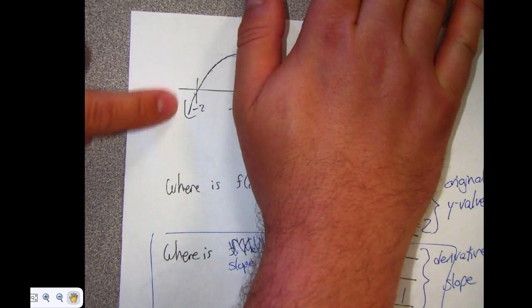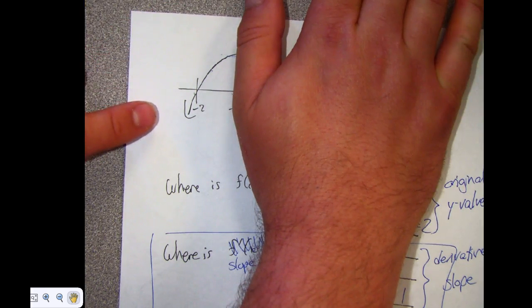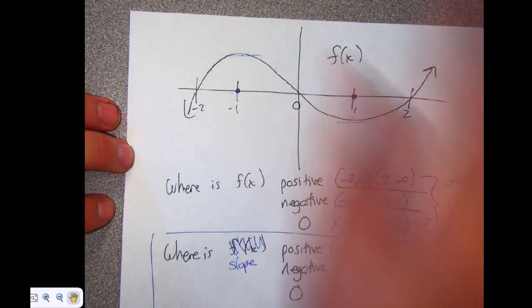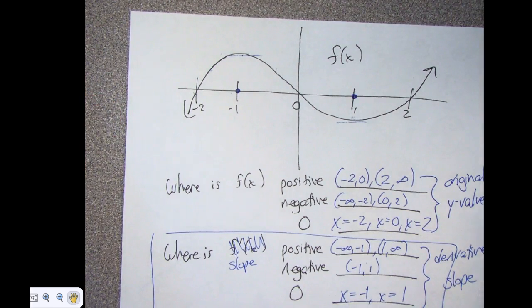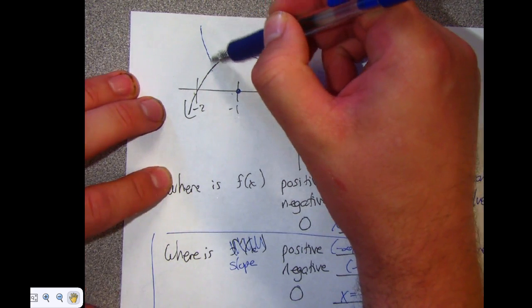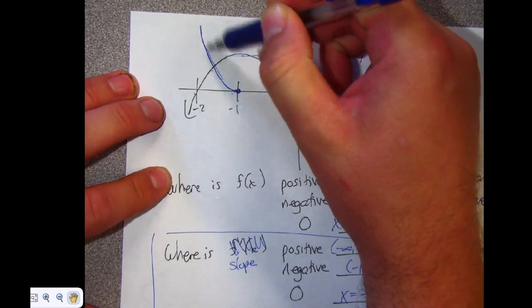But as we get closer to x equals negative 1, is the slope getting closer to 0, true or false? True, right? Do you see why it's true? Yeah. So the y values of my derivative need to start off positive and get closer and closer to 0, and this should be 0 right when I hit negative 1.